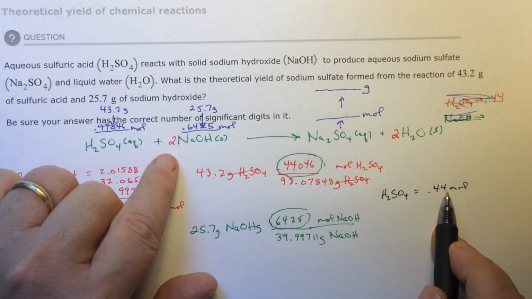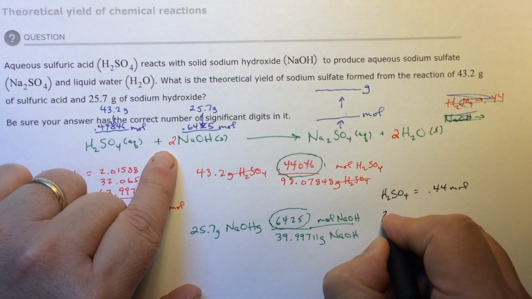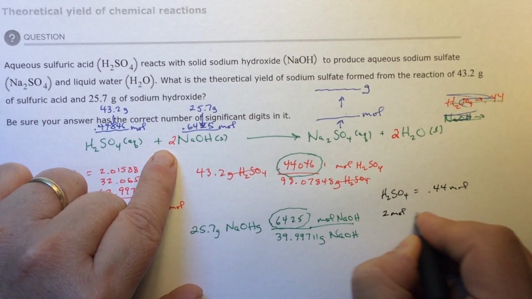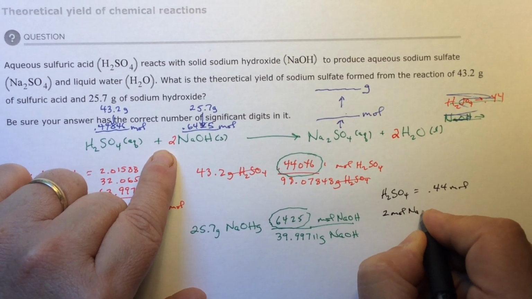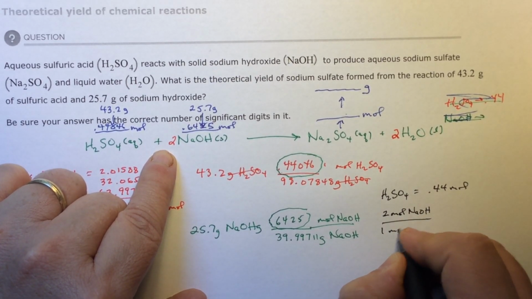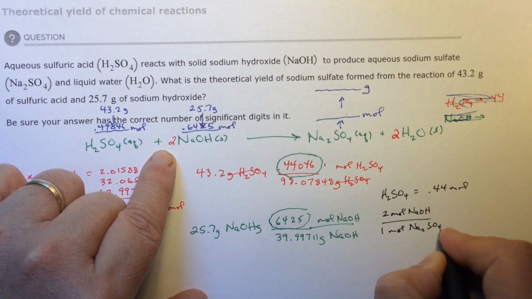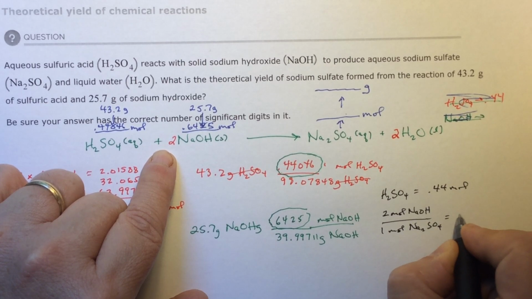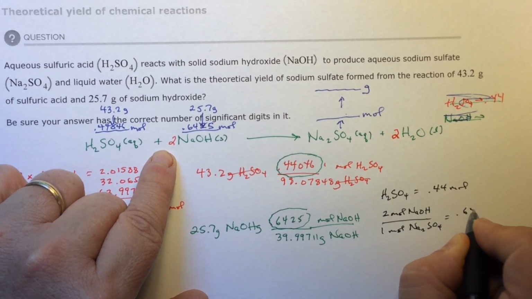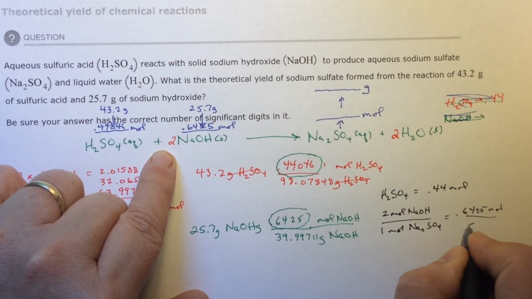Now, what's this? 2 is to 1, right? So 2 moles of sodium hydroxide is to 1 mole of sodium sulfate as 0.6425 moles is to what?